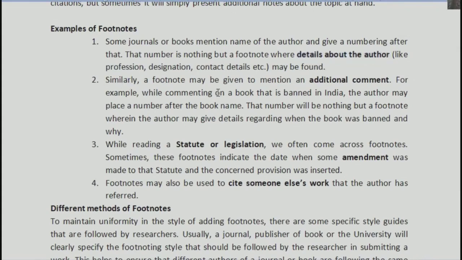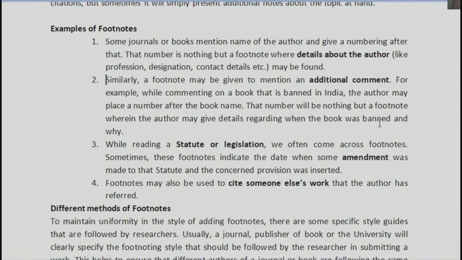Secondly, a footnote may be given to mention an additional comment. For example, while commenting on a book that this book is banned in India, or that TikTok is banned in India, the author may place a number after that book name. That number will be nothing but a footnote wherein the author may give details regarding when the book was banned and why.